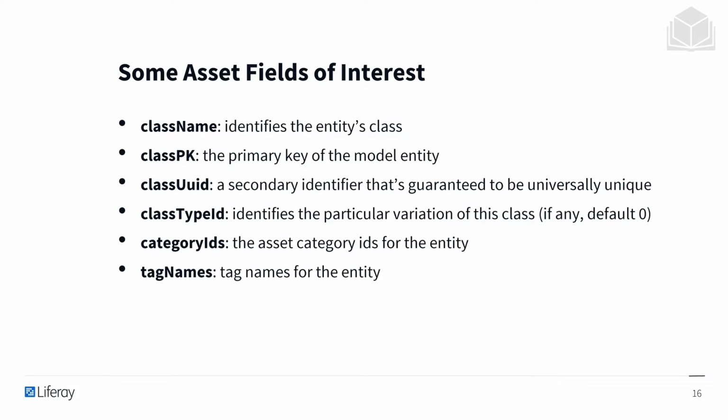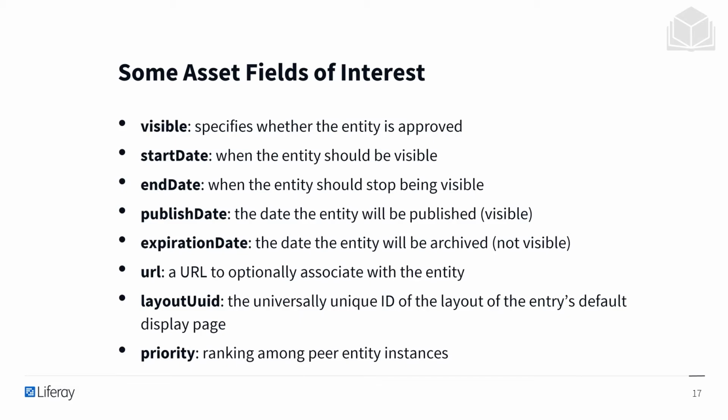Category IDs, which are the asset category IDs for the entity. Tag names, which are simply tag names for the entity. Visible, which specifies whether the entity is approved. We have start date, which indicates when the entity should be visible. End date, which is when the entity should stop being visible. Publish date, which is simply the date the entity will be published or visible.